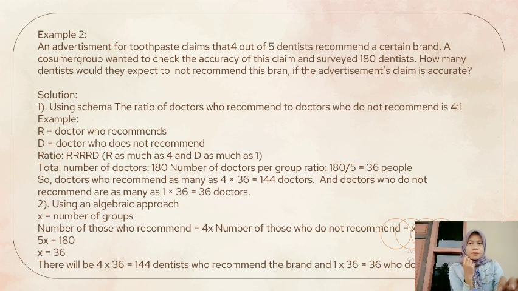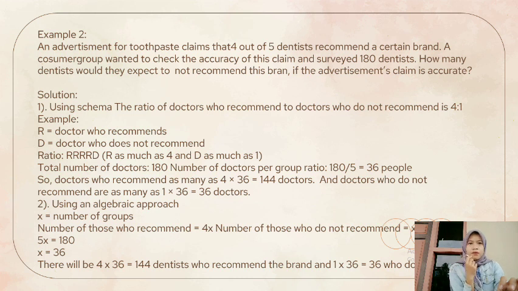Solution for this question. First, using a scheme, the ratio of doctors who recommend to doctors who did not recommend is 4:1. For example, R equals doctor who recommends and D is doctor who does not recommend. Ratio is RRRR D, when R is 4 and D is 1.